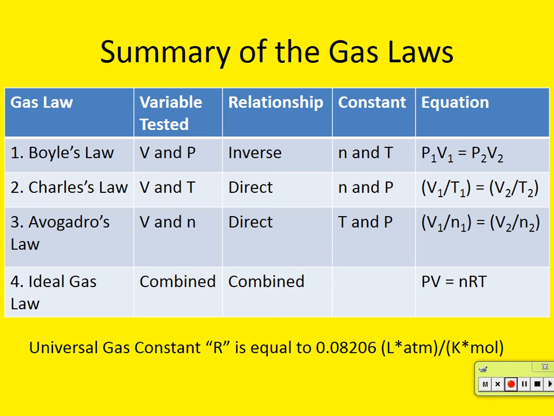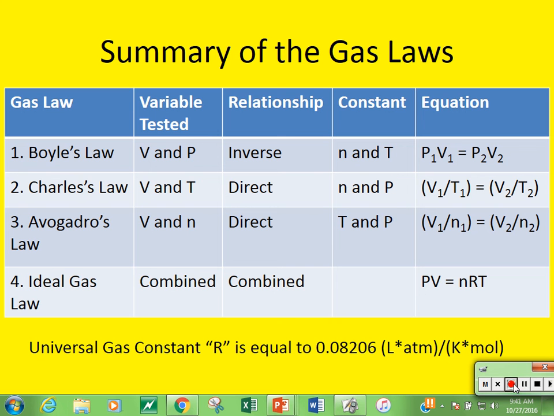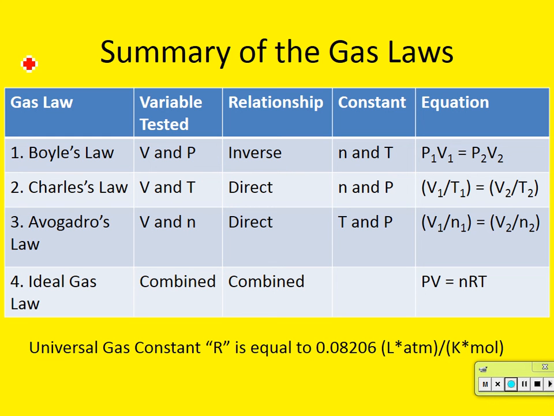Okay, I've got a summary of the gas laws that we'll finish up on. In your guided notes, there's a summary of the gas laws table. Take a second to fill this out. Okay, so this is a good table that summarizes all the gas laws that we've talked about in this chapter.